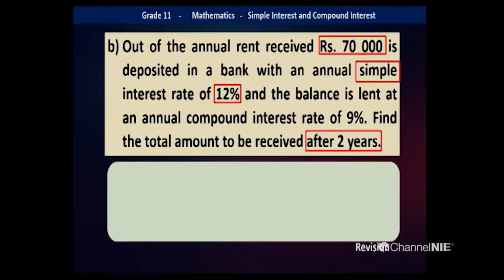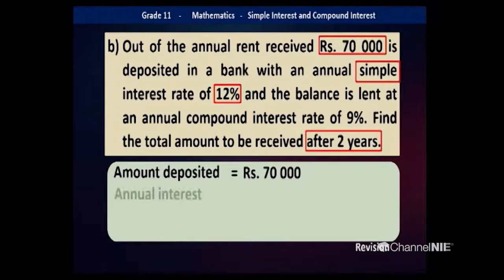Amount is 70,000, simple interest rate, that is also important. Now we know two types of interest calculations, simple and compound. Therefore they have to tell what is the method you have to use, 12% and 2 years. Based on them, let's calculate step by step the interest or the total income for the first 2 years. The amount deposited is 70,000.